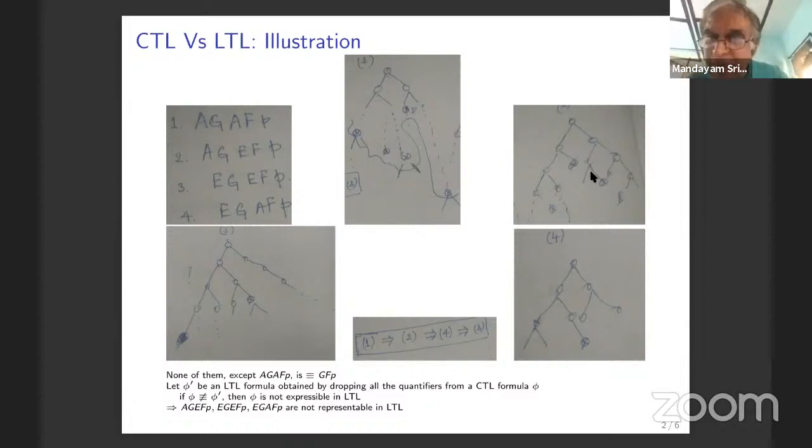So do you have any questions there to see what the difference is in general, what I'm saying? Why AG of EF of P is different than AG of AF of P. And a counter example to that is what I'm giving here. Is that clear? Why this one here, the behavior that I've shown here, does not satisfy AG of AF of P?